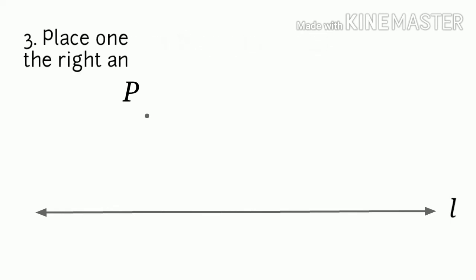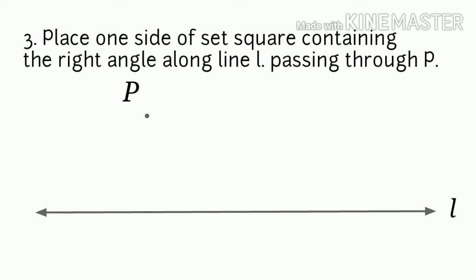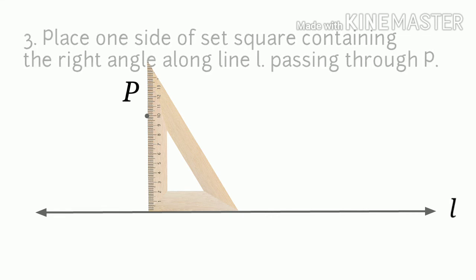Next step. Place one side of the set square containing the right angle along line L passing through P. So in this way we can place the set square. Next step.